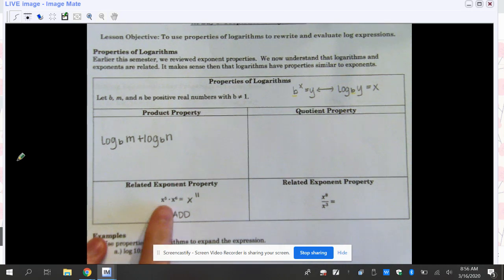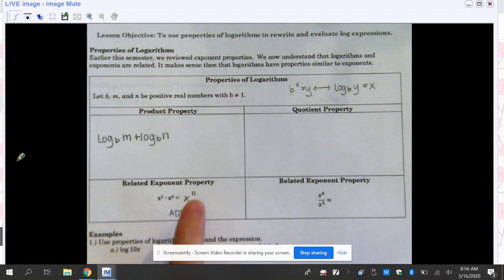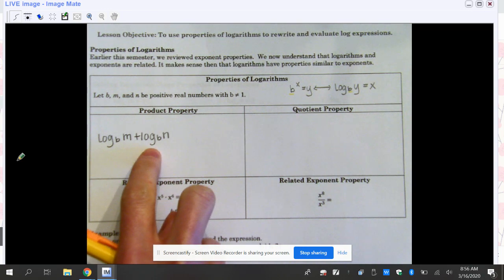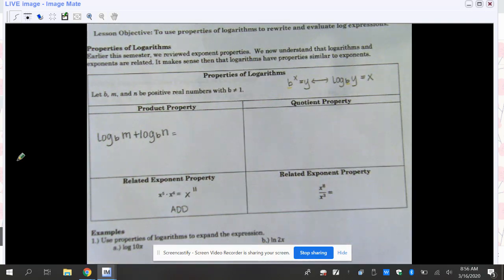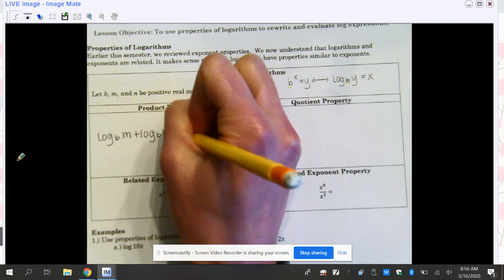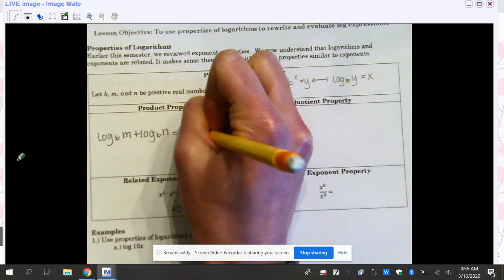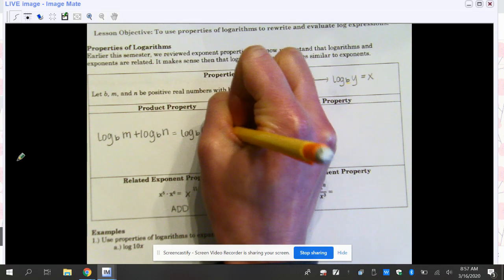If I took two exponents that I was multiplying together and to combine them, I added, now the opposite is going to be true for a log. If I'm adding two logs together and I want to combine it into one, I would multiply the contents of the log.